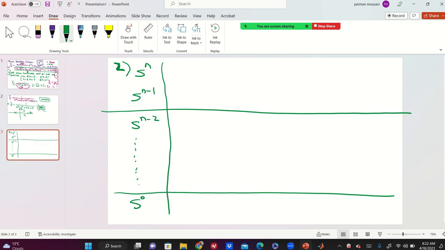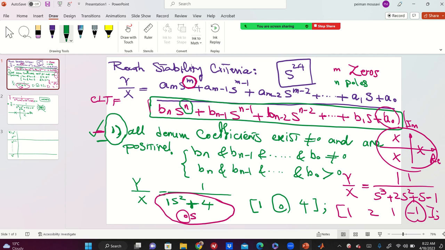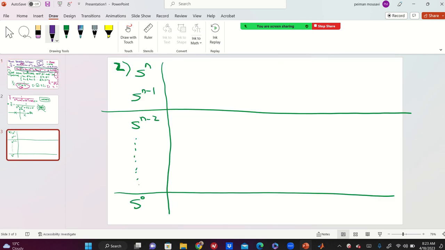Okay. For S^n, you have to take the coefficients of b, and let me change the color. b_n, b_(n-2), b_(n-4), b_(n-6). So you're going to do this. In front of S^n, you're going to write b_n, b_(n-2), b_(n-4), b_(n-6). These are the even numbers, until you have all of them.